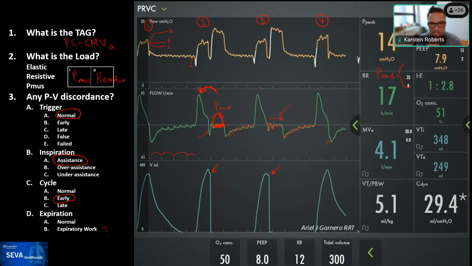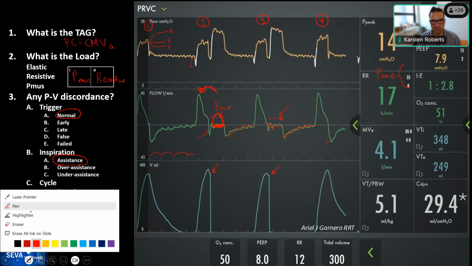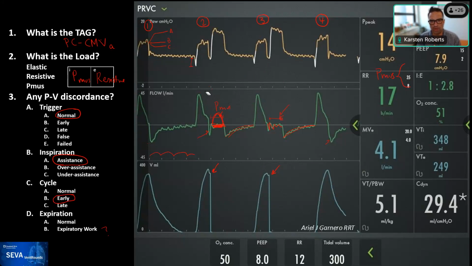Yeah, and I think it's interesting that as you're talking about doing an expiratory pause to measure the amount of PMOS, Ari is pointing out in the chat that particularly in breath number 4, we see a very convex portion of the flow deceleration.